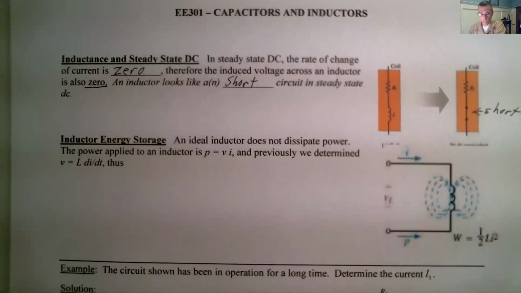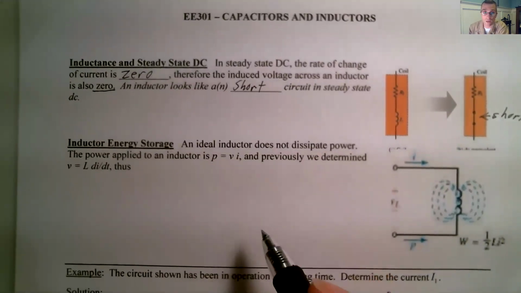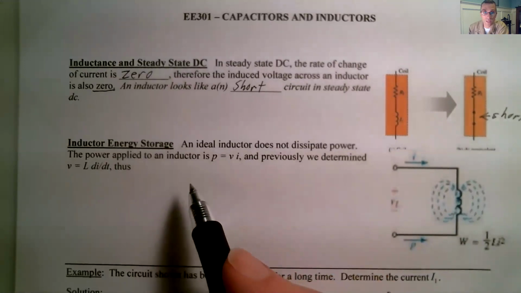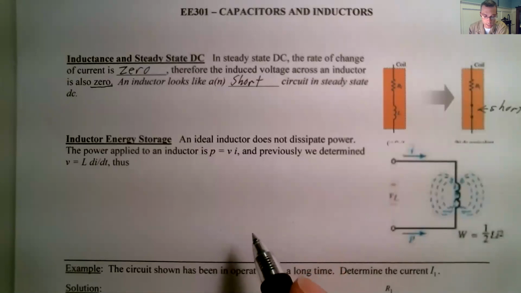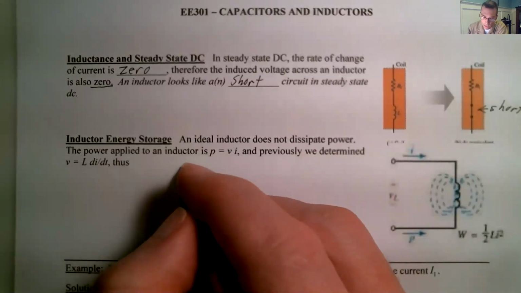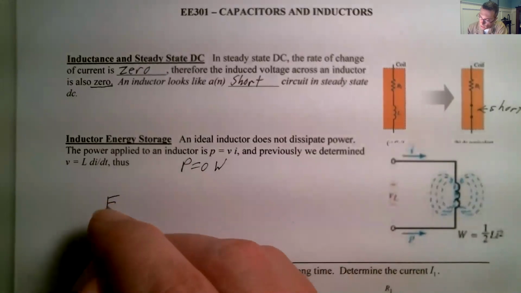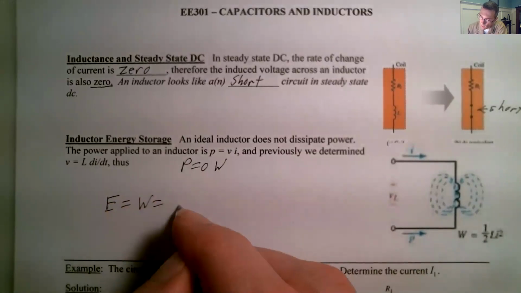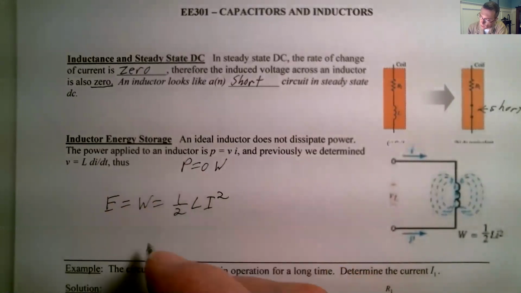Now, inductor energy storage. An ideal inductor doesn't dissipate power. Power applied to an inductor is VI, and we saw previously that the voltage is L di/dt. So P equals 0 watts, and E equals W equals 1/2 L i squared.